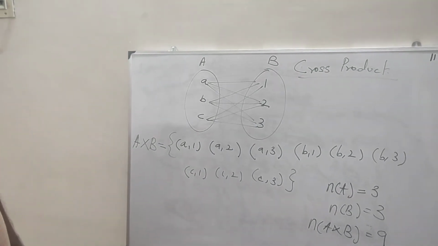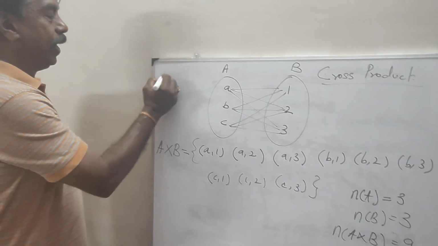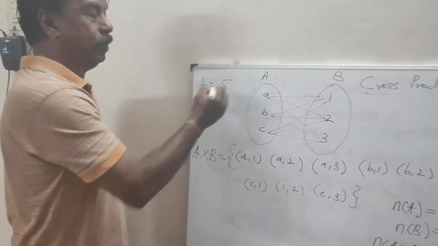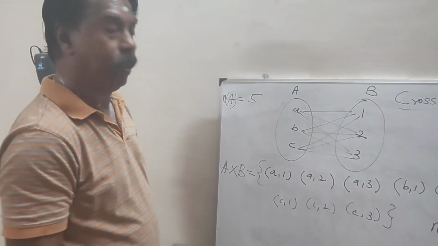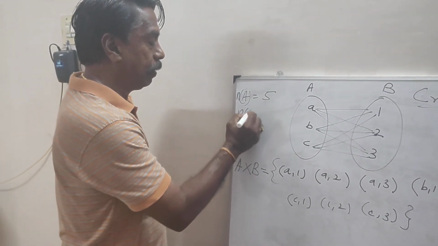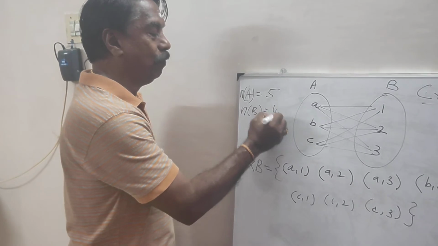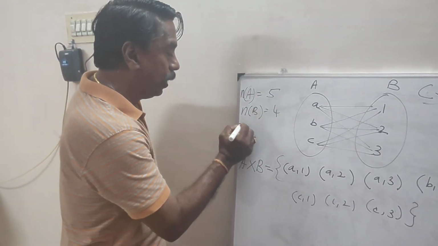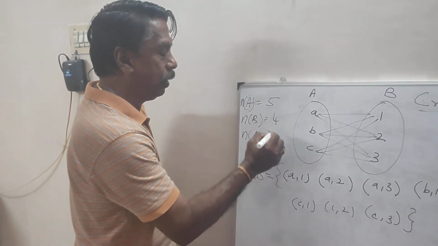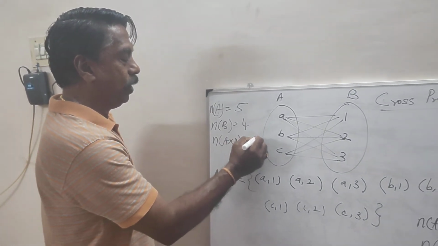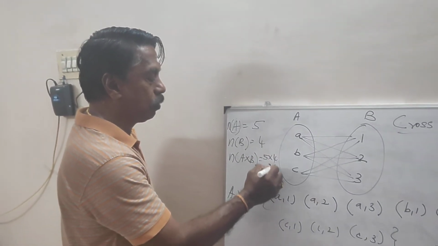For example, if A contains 5 elements, that is n(A) is 5, and n(B) is 4, then how many elements will be there in A cross B? They are nothing but 5 into 4, which is equal to 20.